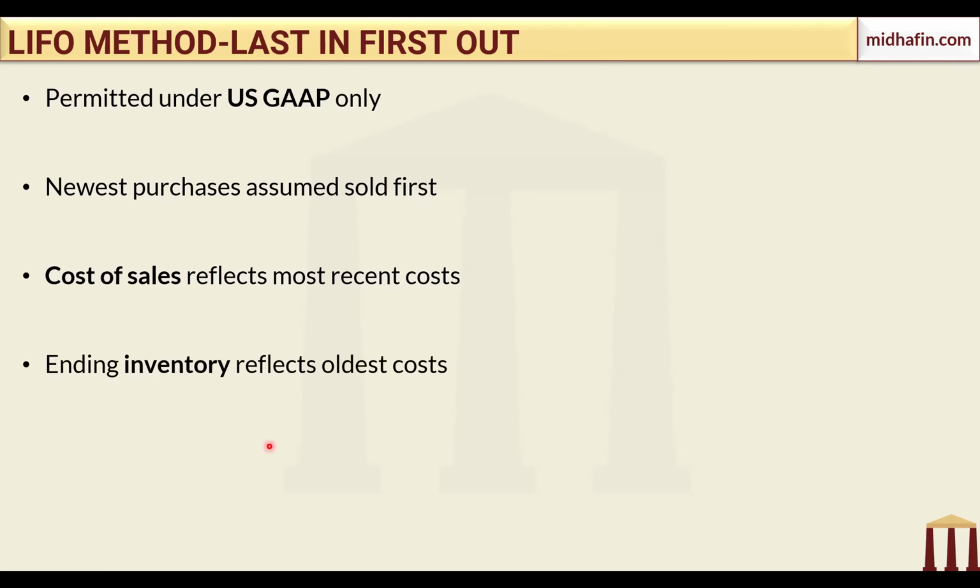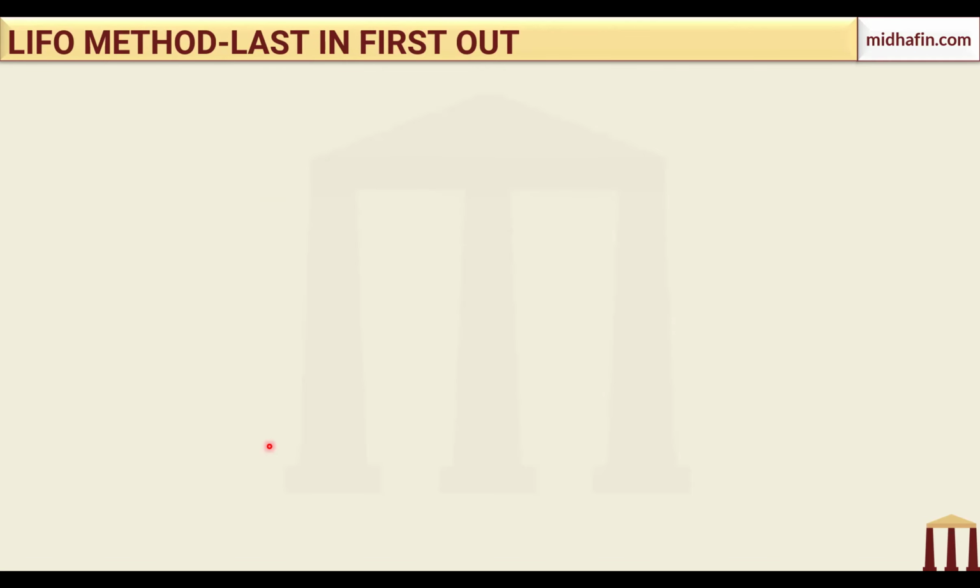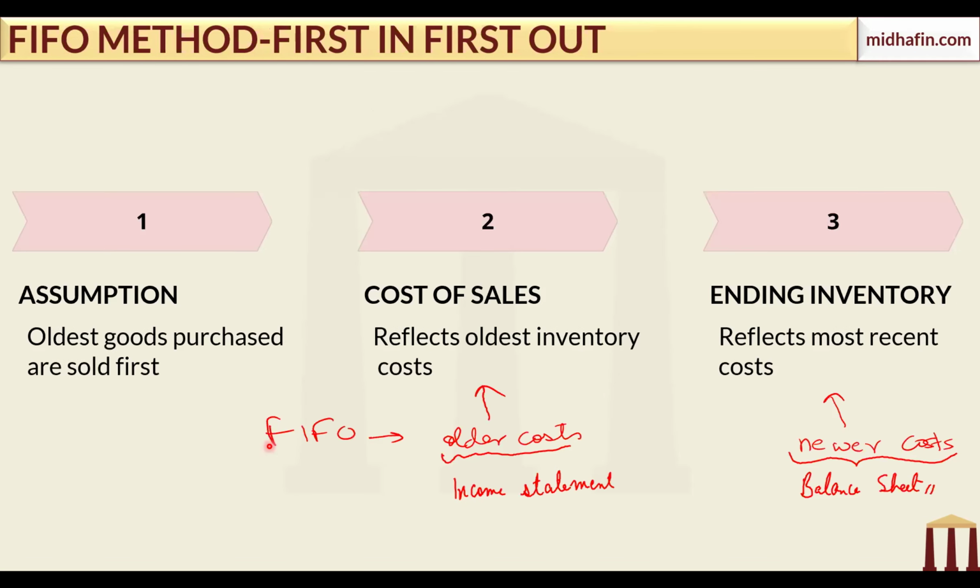So the balance sheet in this case will reflect cost from older periods. It is just the opposite of FIFO. In FIFO, older costs were a part of the income statement through the cost of sales, but the newer costs were a part of the balance sheet through ending inventory. In this case, it will be opposite.